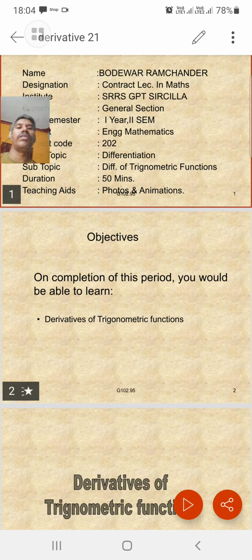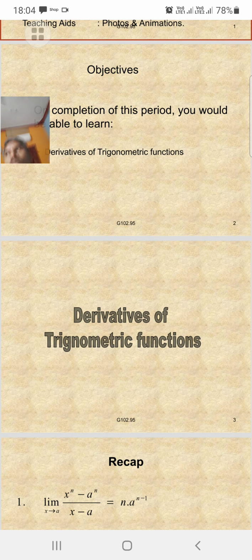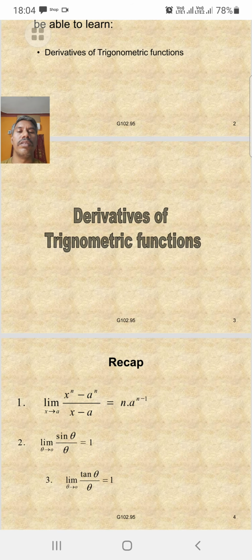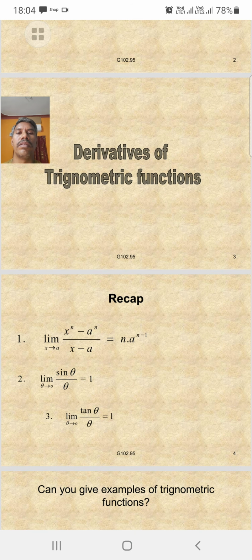This is like the third question, that is u by v. So u is A minus B cos x and v is A plus B cos x. By using the u by v formula, you can find the fourth answer.